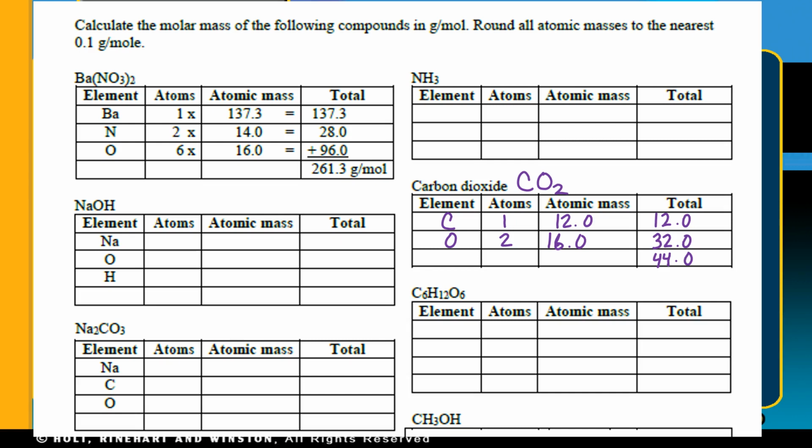All right, so for the remainder of time today, I want you to go ahead and calculate the molar mass of each of these. For the last two, I just didn't draw in the little grid lines. If you want to use the grid lines, great. If you don't want to use them, that's fine as well.